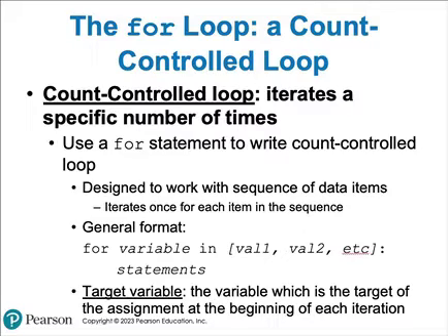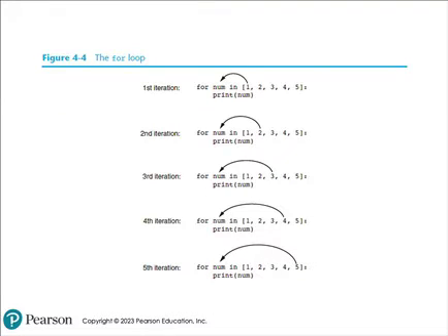In this case, the variable that appears after the for keyword is referred to as the target variable, and it's going to point to a new value for each iteration of the loop.